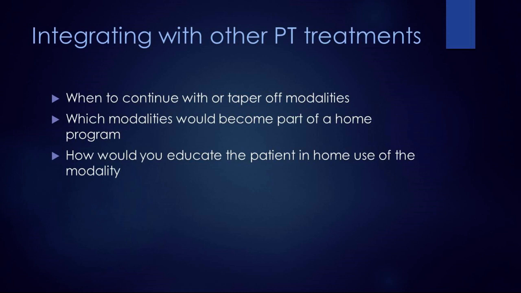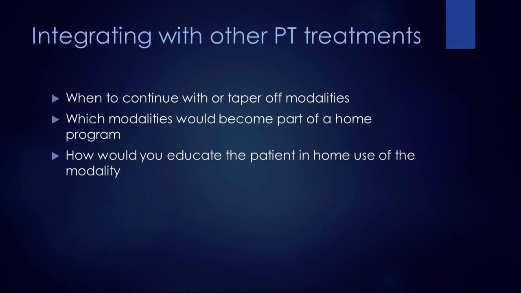So ideally, even if someone starts at a very acute stage and you're doing a lot of passive treatments, as they get better, you are going to be moving into more active treatments. It's not going to be passive for the entire course of their treatment. A lot of times, even if you have someone with a chronic neurological issue, you are not spending your whole time doing passive treatments.